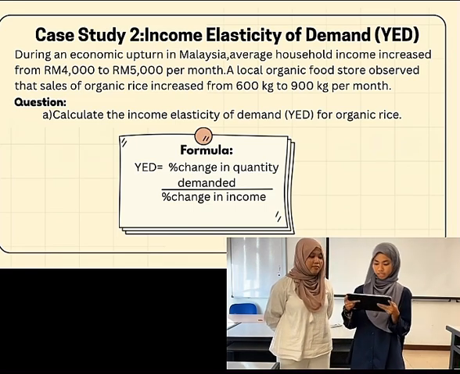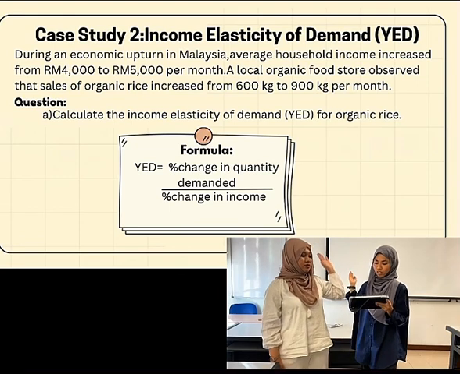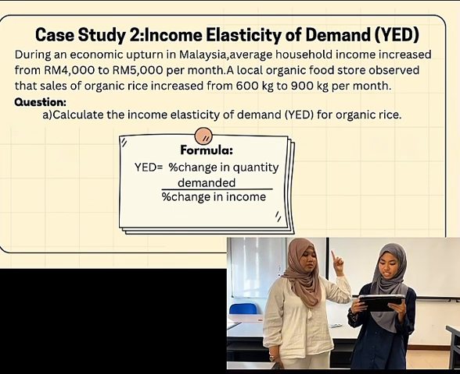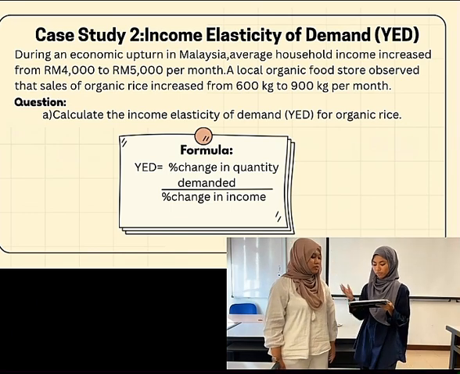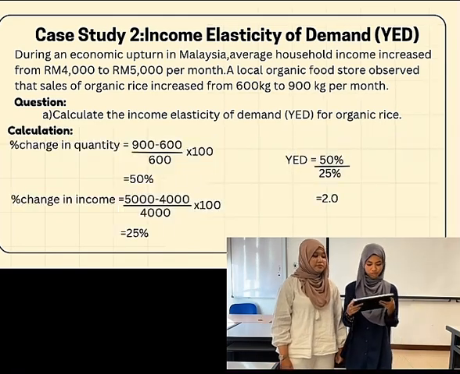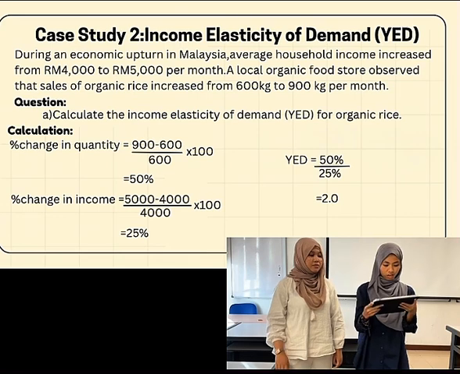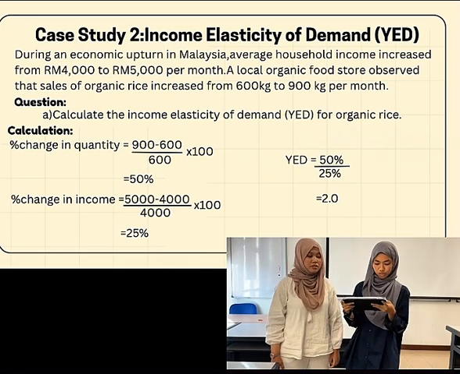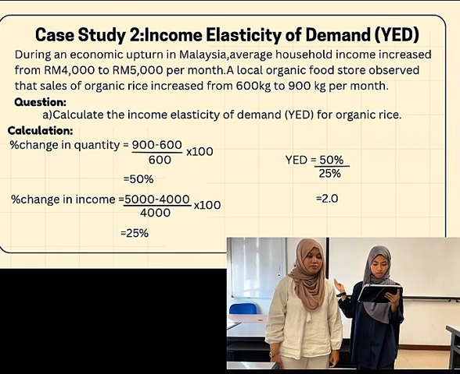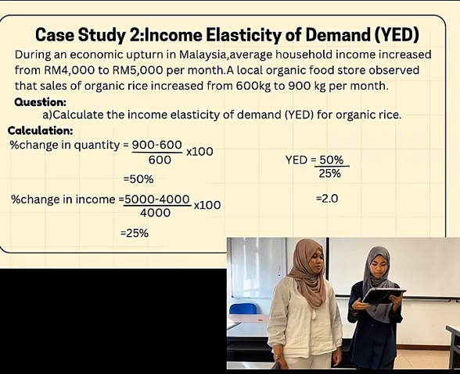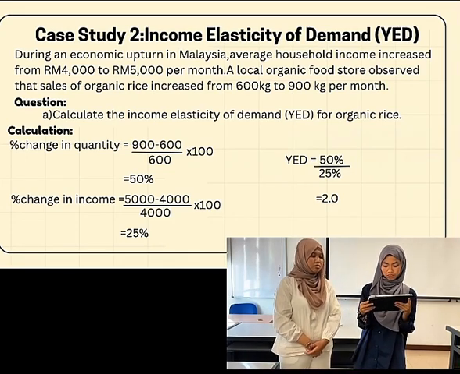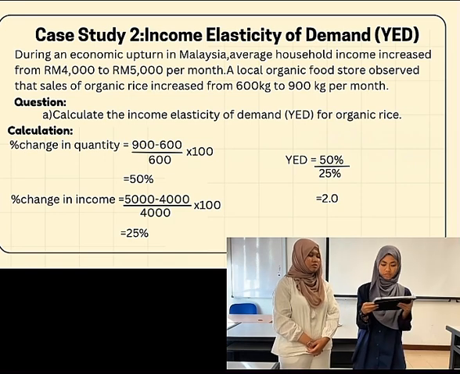So the formula for income elasticity of demand is percent change in quantity demanded divided by percent change in income. So let's move to the calculation. We want to find percent change in quantity: 900 minus 600 divided by 600 and times 100, we got 50%.